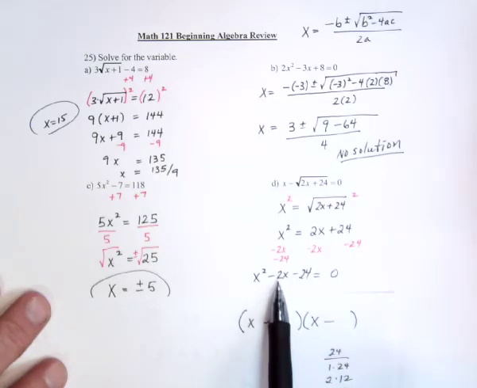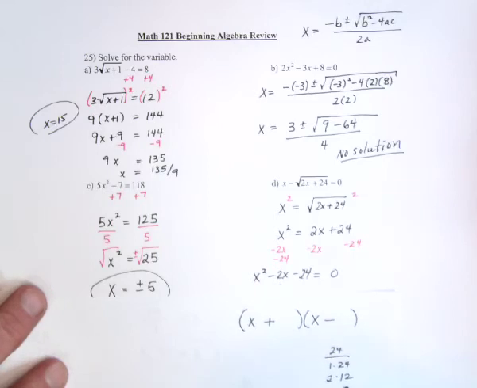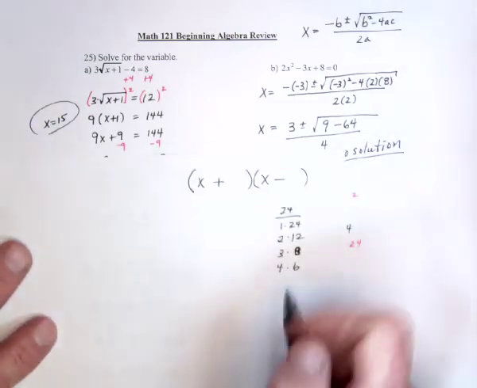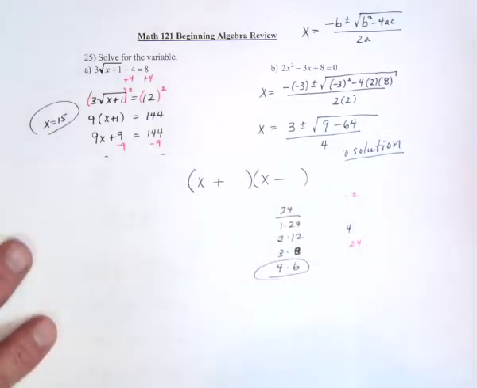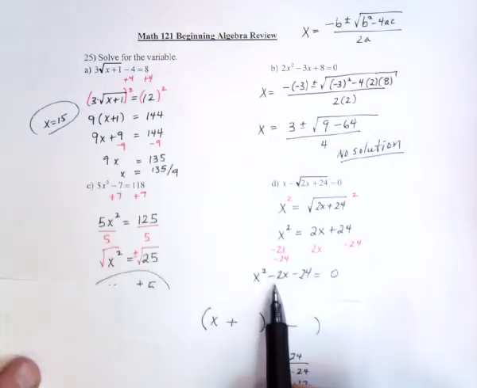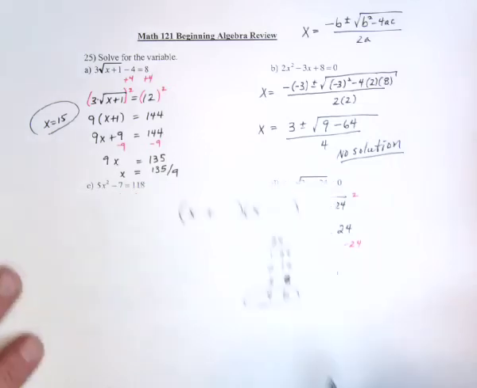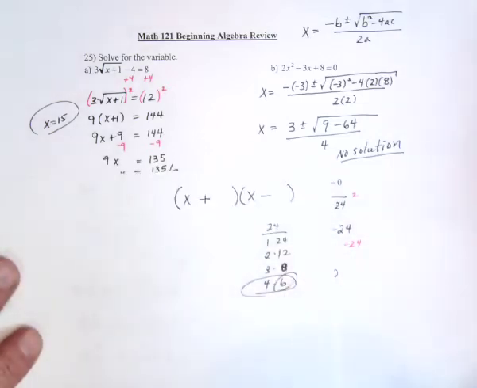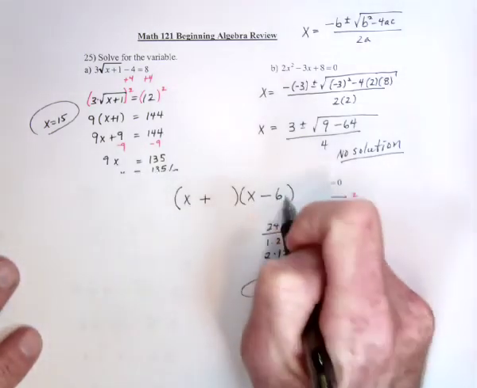So they leave behind a negative 2x. So if I look at my list and find 2 that differ by 2, it should be those 2. Because this ended up to be a negative 2x, then the one that is bigger, that should go with the negative. So put 6 here and 4 here.